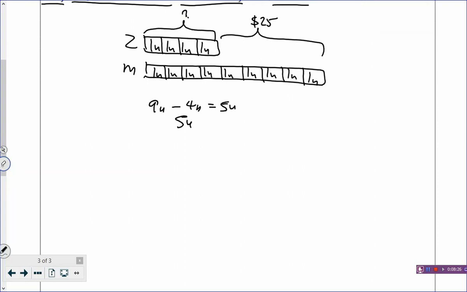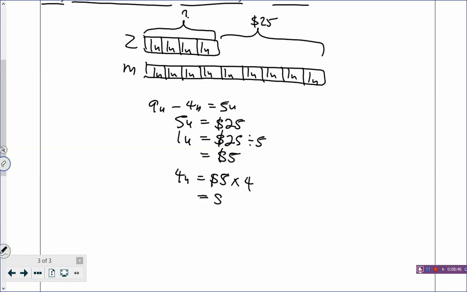And 5 units more is also $25 more. So your 1 unit will be $25 divided by 5. So your 1 unit is $5. And Zach has 4 units. So $5, which is 1 unit, times 4, and you have $20. Right, and whatever numbers you have found, put it into your model.